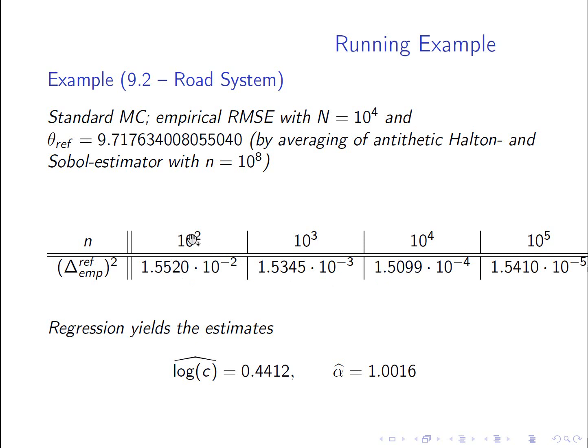And also, if we increase the number of replications, the small n, by 10, we get a decay in the error by 1 over 10 always. So this is a very nicely behaved example. And so convergence order 1/2 should be fine. So 1/2 instead of 1, because we have here the square root. And also the estimate for the constant is 1.5 something.